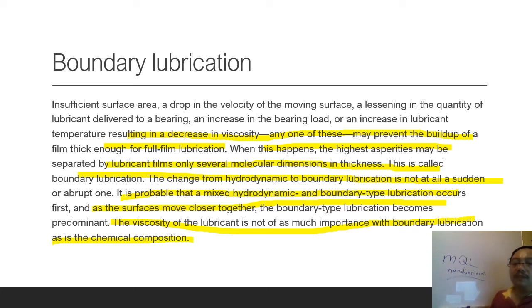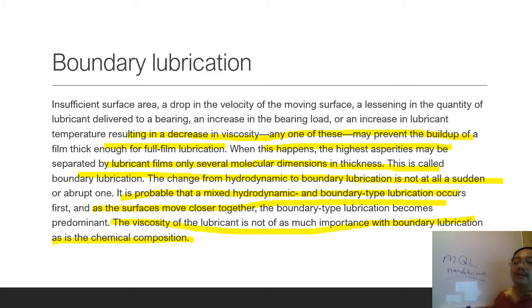So it is like the same theory as MQL. But MQL better explains boundary lubrication than hydrostatic lubrication theory.